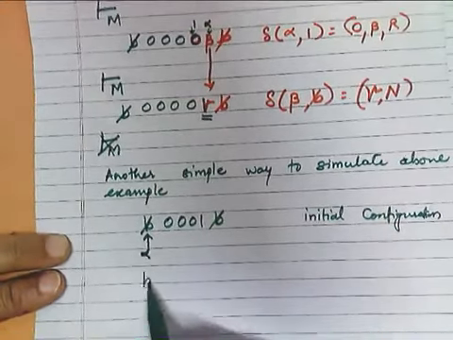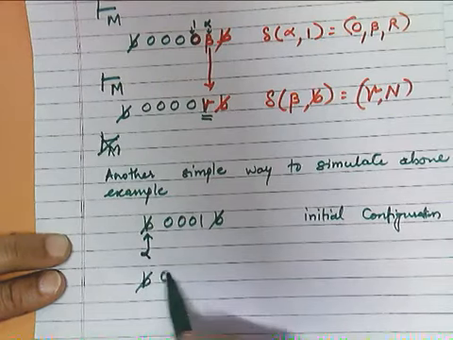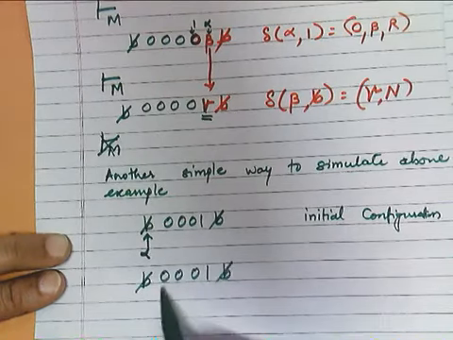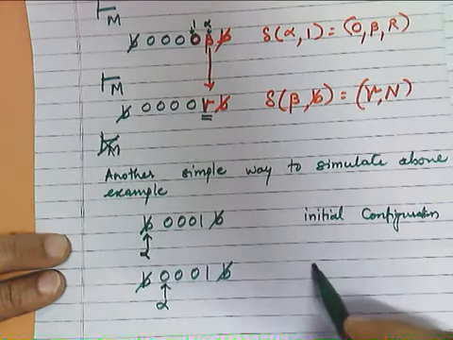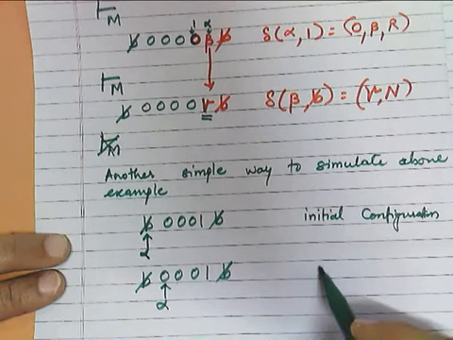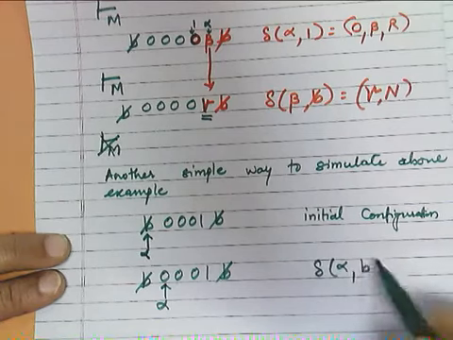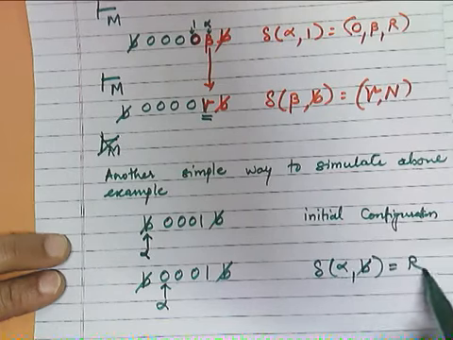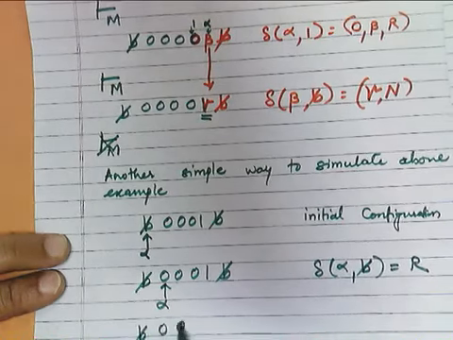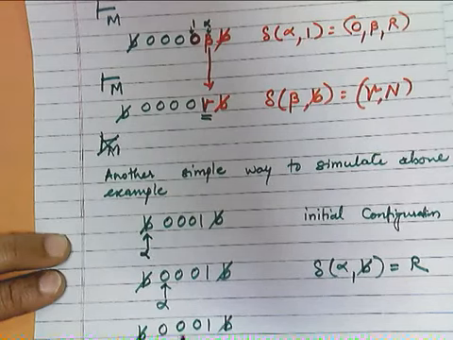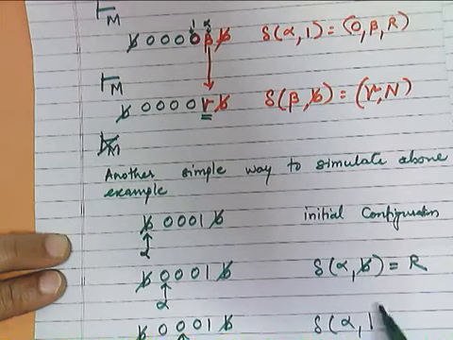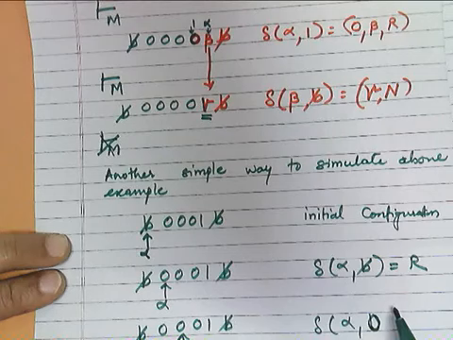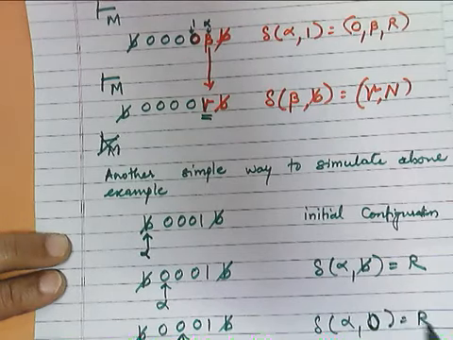Now in the next move, you will show it like this, where the head is moved and there is no change in the state. With alpha and blank, it is moving towards right. Similarly next 0 0 0 1 blank. Now here alpha will be available here, because alpha and 0 move towards right.